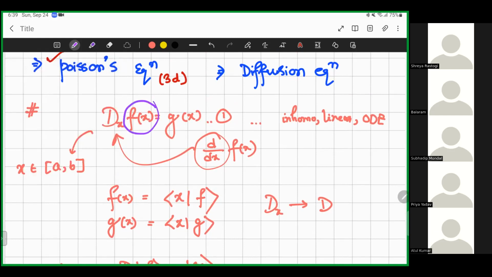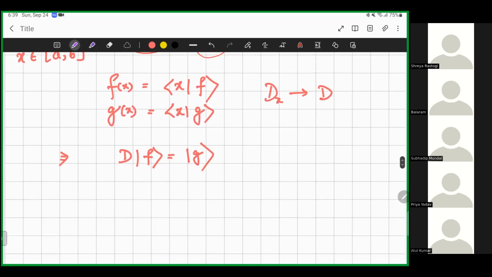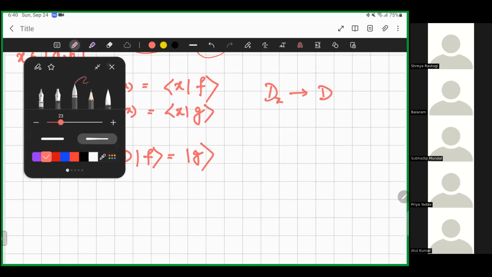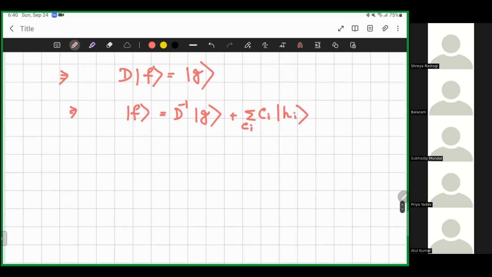Solving this equation means we need to find the value of f(x). This is the output of this equation after solving. So now we can write |f> is just D inverse of |g>. But this is not the whole thing, because in general we can write this differently. How can we define this?